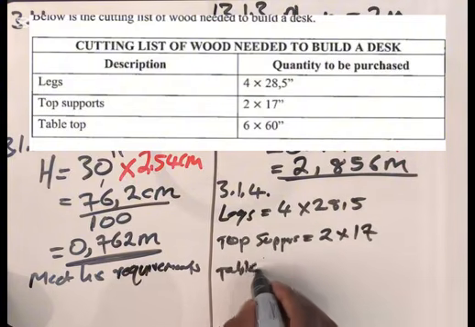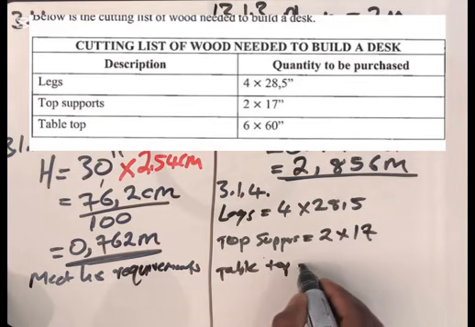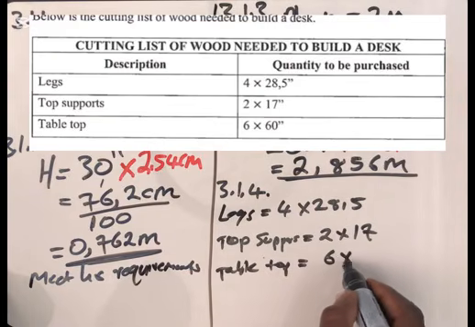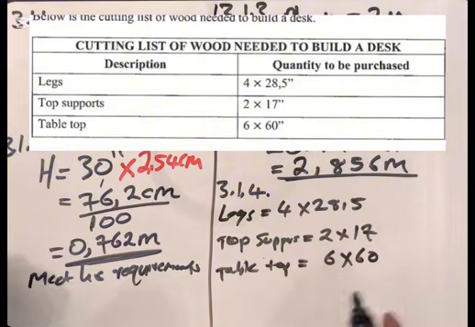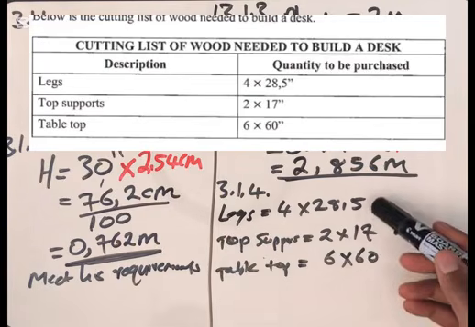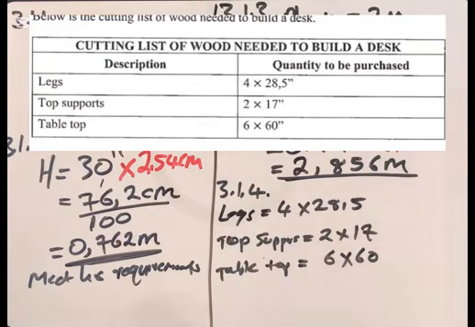Tabletop is 6 multiplied by 60 inches. So if you check, I just copied the table down. Now what we are going to do, because the question wants us to compare these dimensions with the 13 meters that he's saying that he only needs.